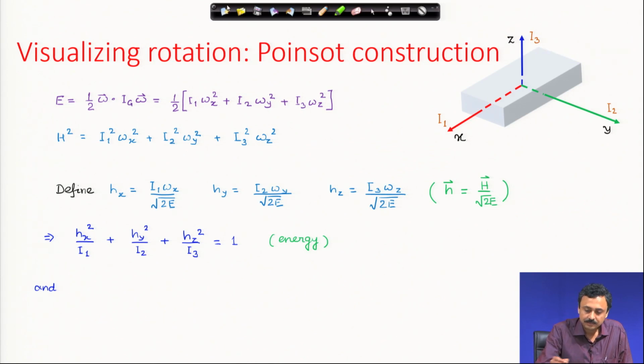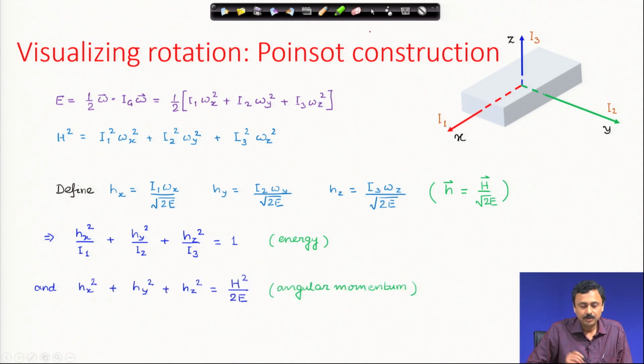And the angular momentum magnitude conservation constraint, h square being constant, boils down to this expression: h x square plus h y square plus h z square is equal to h square by 2 e. What is this? This is nothing but a sphere, and this therefore represents the angular momentum conservation constraint.